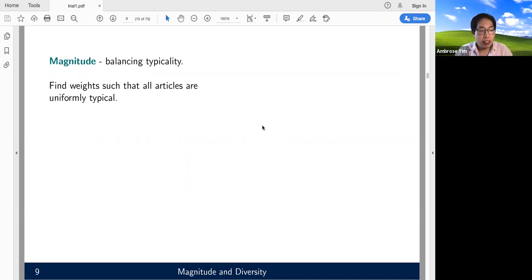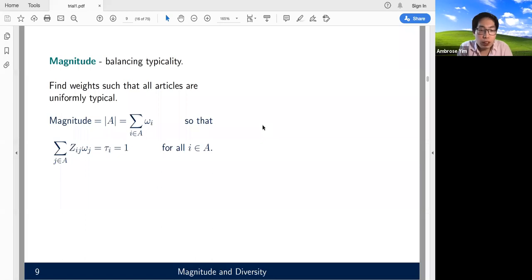The ethos is, we don't want a uniform weight, but we want a uniform typicality. And so we want a set of weights such that the typicalities are uniform. And we solve that system of equations, and we obtain the weights, and the sum of weights gives the overall magnitude of our set of articles.